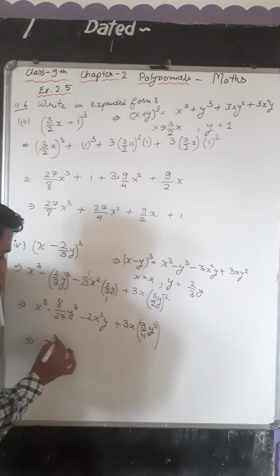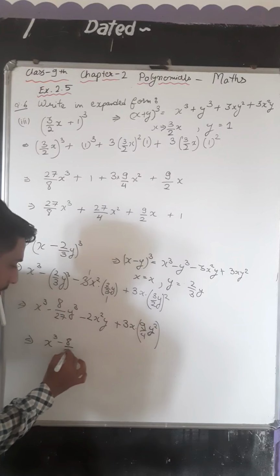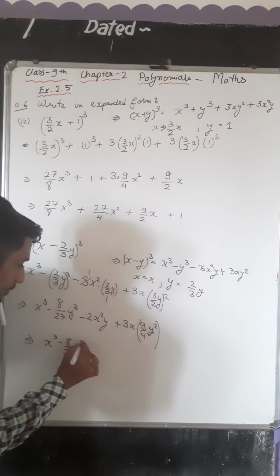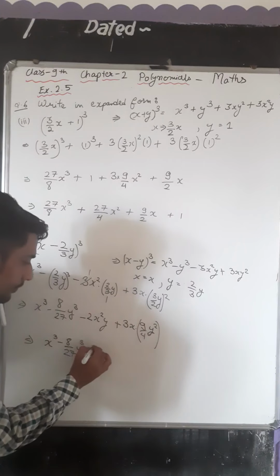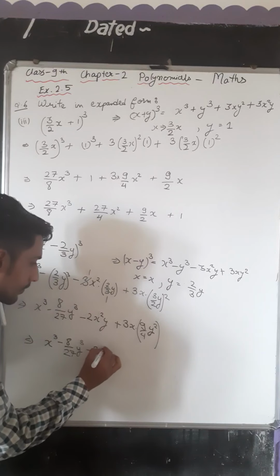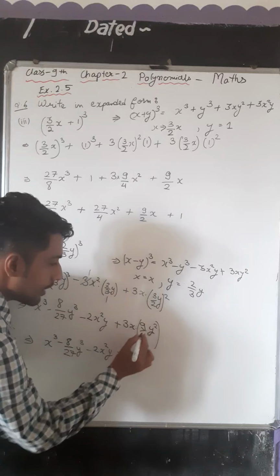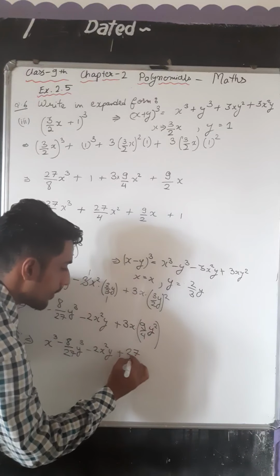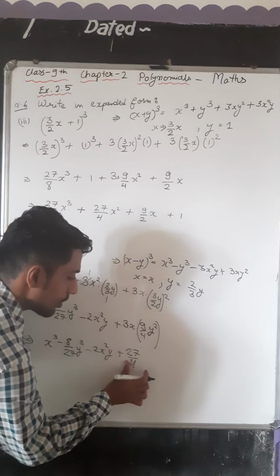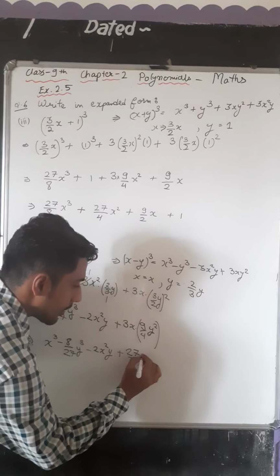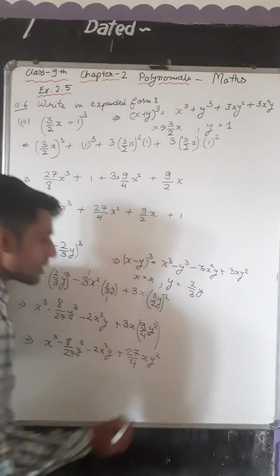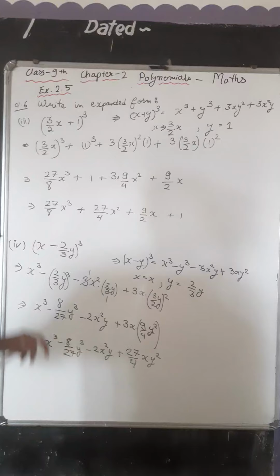Again, further, the last step will be 3 nines are 27 upon 4 x y. So this will be the expanded form of this.